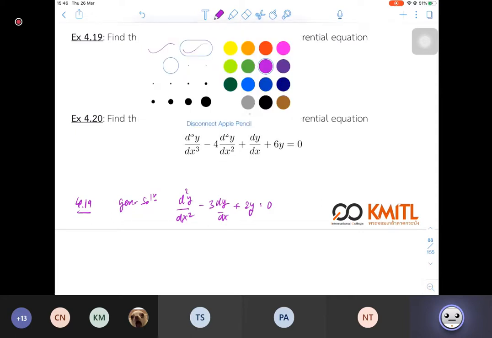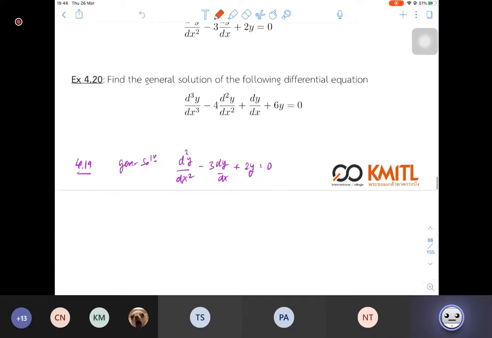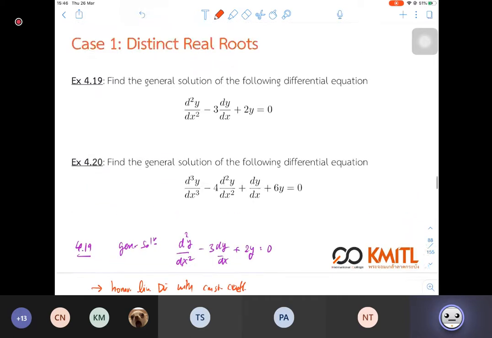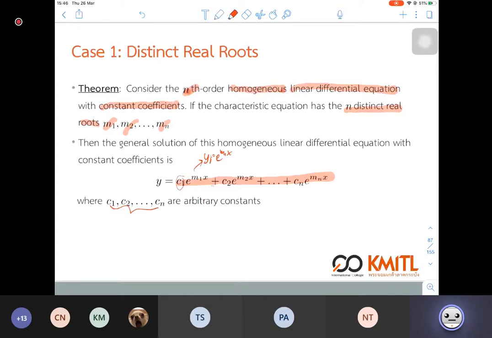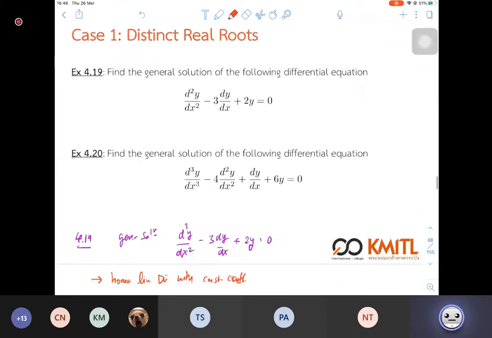Before you go further, what you need to have is the homogeneous linear differential equations with constant coefficients. This is the requirement of the theorem.